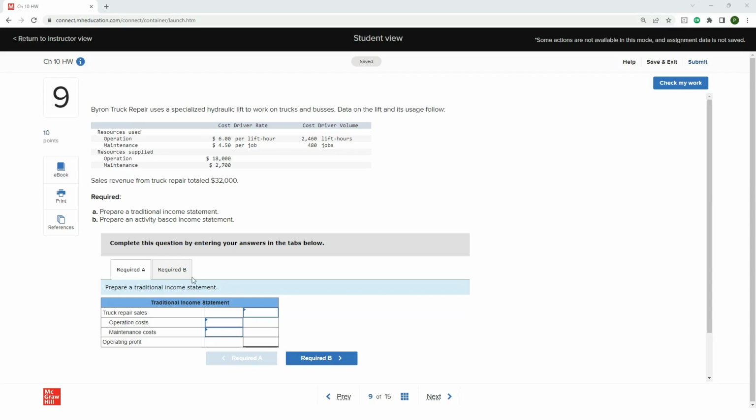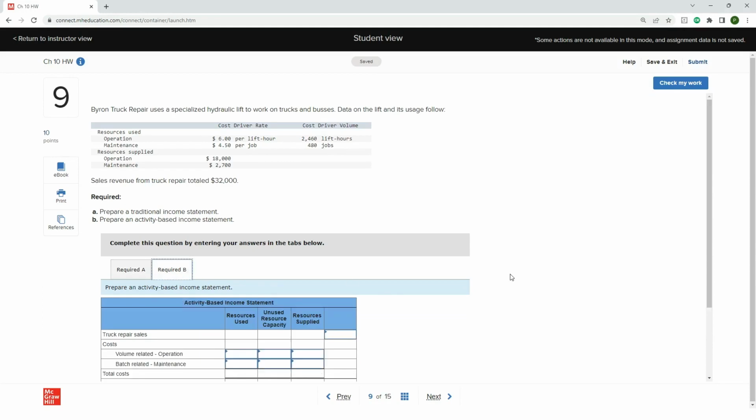And then for the activity-based income statement, you're still going to use those two amounts, the 18,000 and the 2,700. Those are going to be your totals, and then you're going to split up those totals between resources used and unused, and that's what you calculated in question number 8.